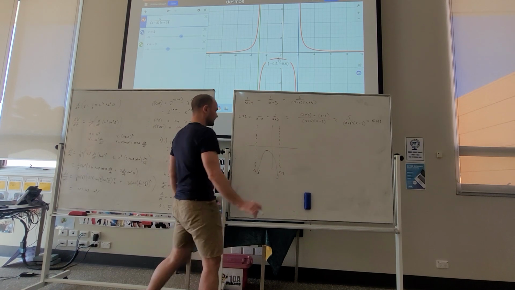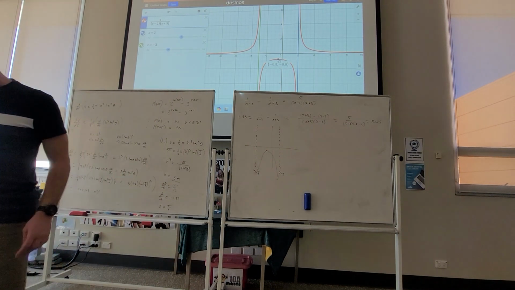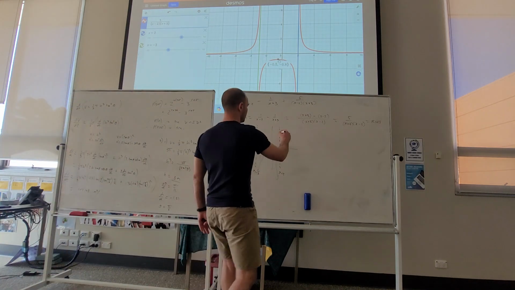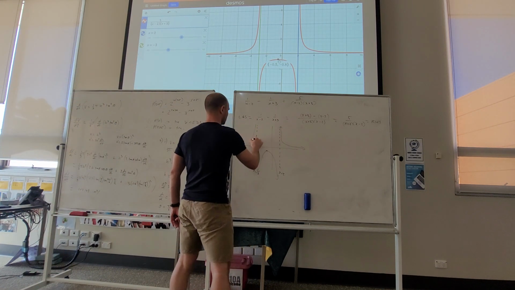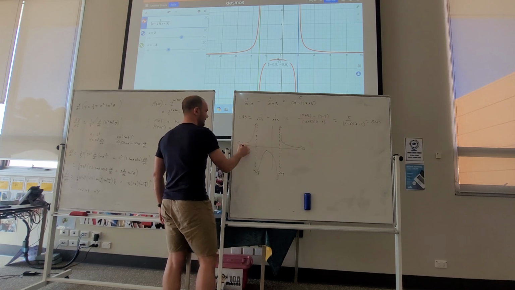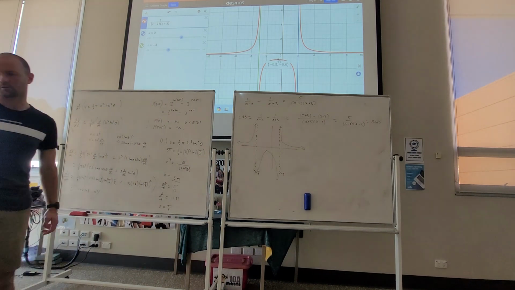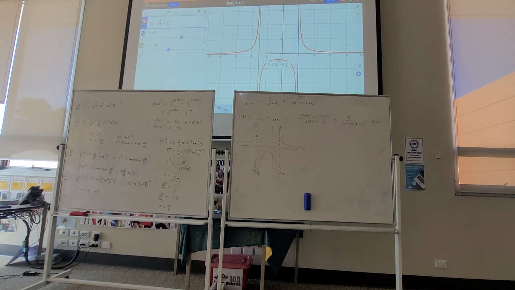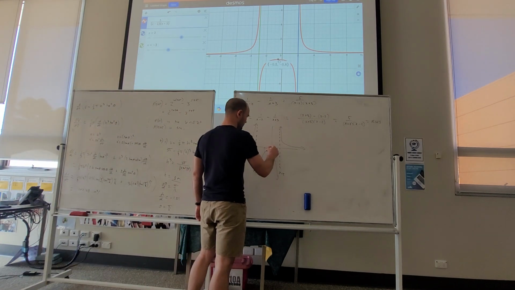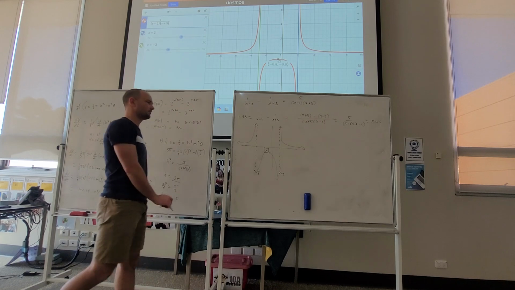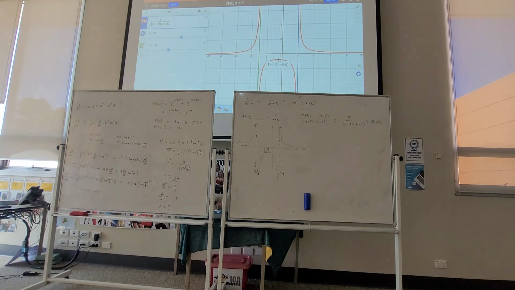Okay. And then these other parts out here are doing this, aren't they? So when they're allocating marks for graphs, they tend to pick on a few things. For example, this local max, they will allocate a box in which that local max has to occur.